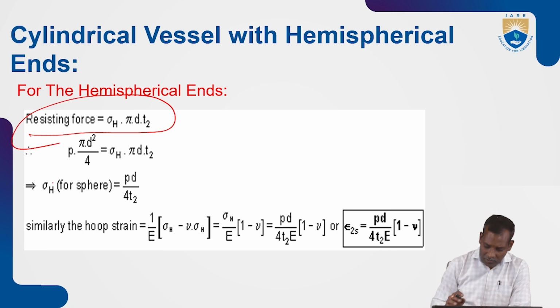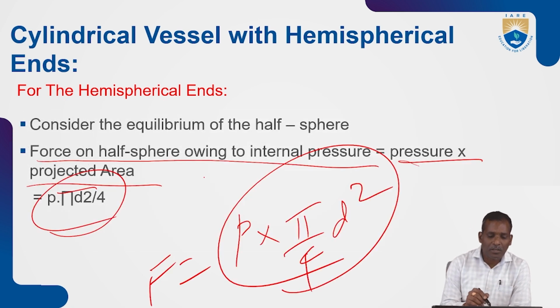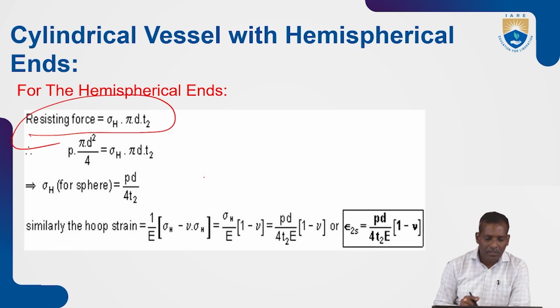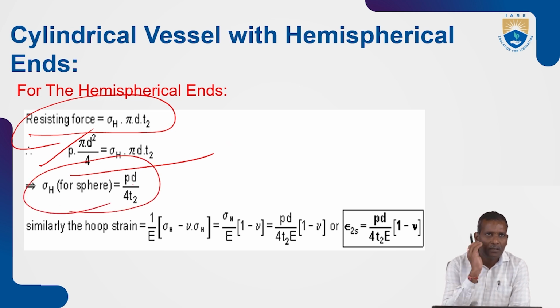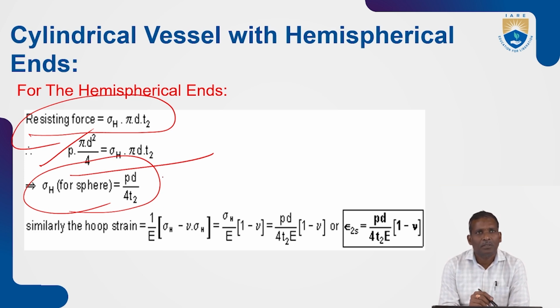So the resisting force balances this force on half sphere owing to internal pressure. So that is P into pi by 4 D square is equal to sigma h pi D into T2. So for the sphere, sigma h is equal to PD by 4T2.